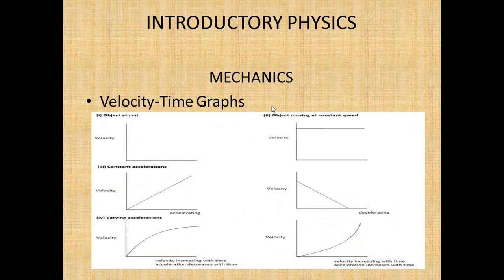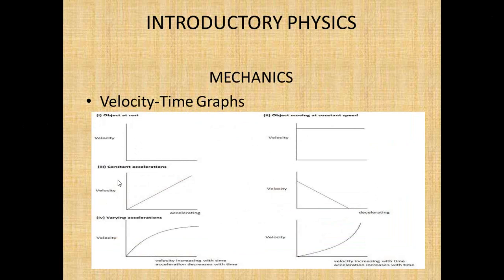Then this is the object moving at constant speed. So there's a numerical value to the velocity, but it's a straight line. Remember, the slope of your velocity time graph is acceleration. There is no slope here, so there is no acceleration.